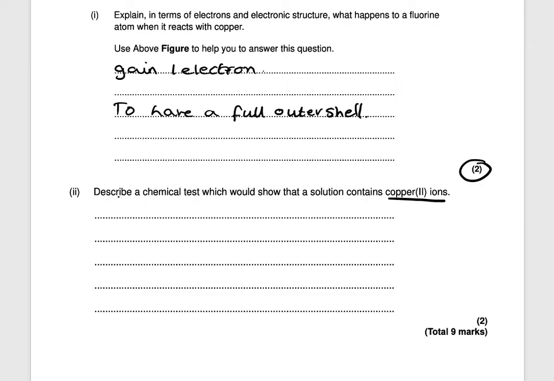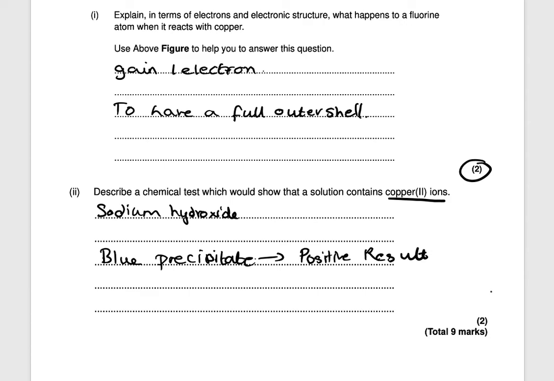So we're testing for copper ions, so you would use sodium hydroxide, and you would mix the copper ions in it, and you will see a positive result. A blue precipitate will form for a positive result. Okay, and that would be worth 2 marks.